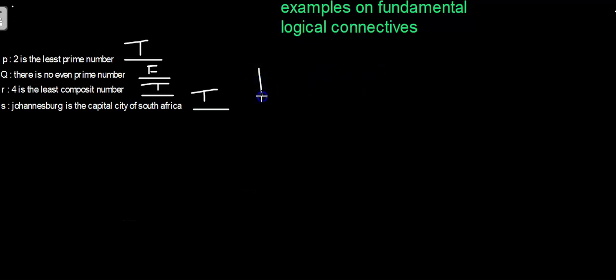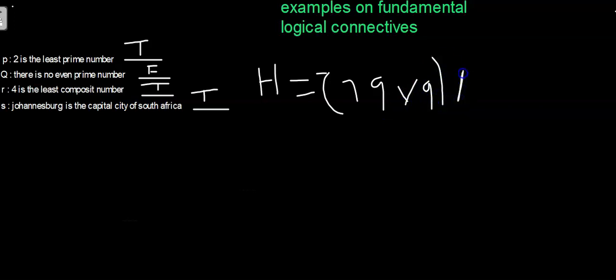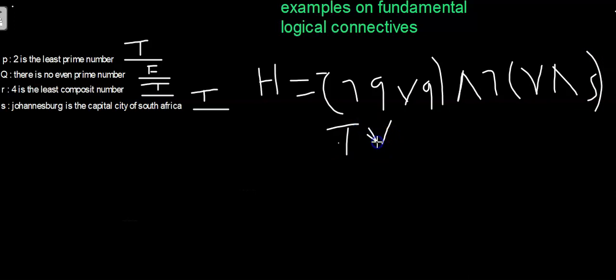So H says negation of Q or Q and negation of R and S. Okay, so when I substitute, negation of Q is true. This one is actually not, I think I screwed up over here. This one is negation of P, and since P is true, it will be false.